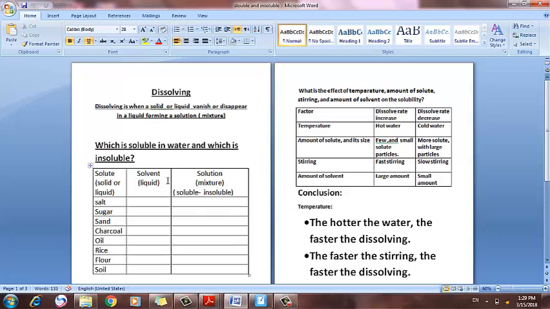The mixture of solute and solvent, when the solute disappears or vanishes or is soluble in the solvent, we call the mixture solution. So now we have soluble salt solution. Our solvent here was water, and the mixture is soluble.